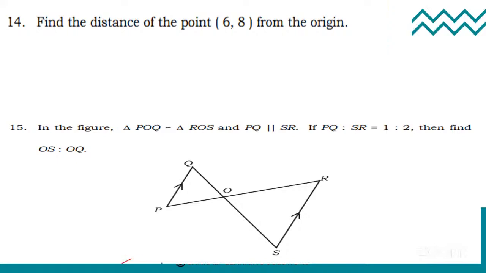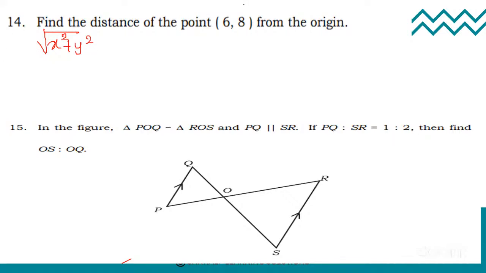So from the origin to the point on x-axis and y-axis, we know the formula, root of x square plus y square. So distance of the point from the origin.